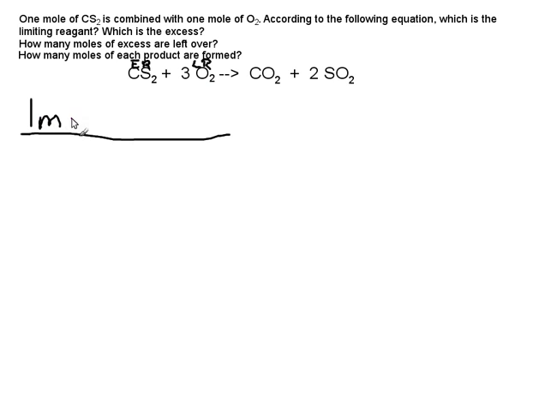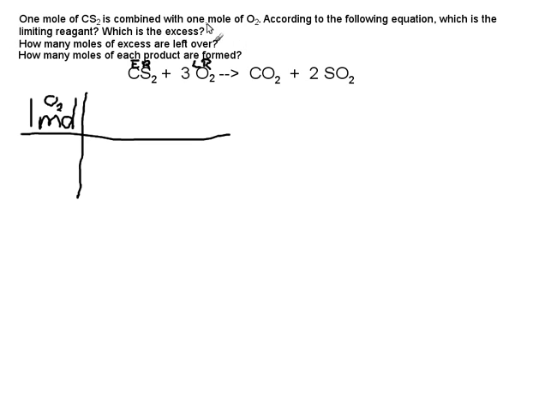And that's just always how it is, because you're always going to start with your limiting reagent. If you start with your excess reagent, it's hard to explain, but it makes sense when you think about it.